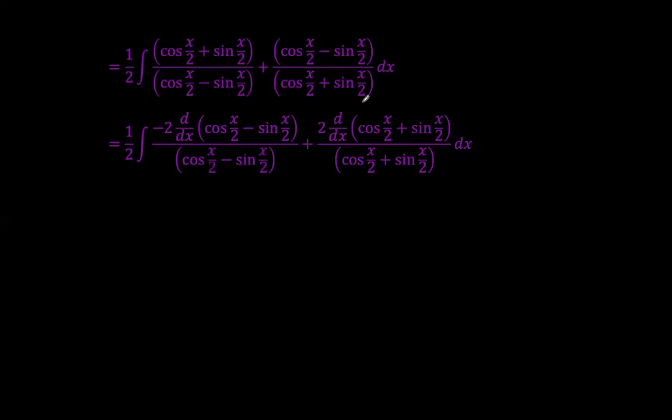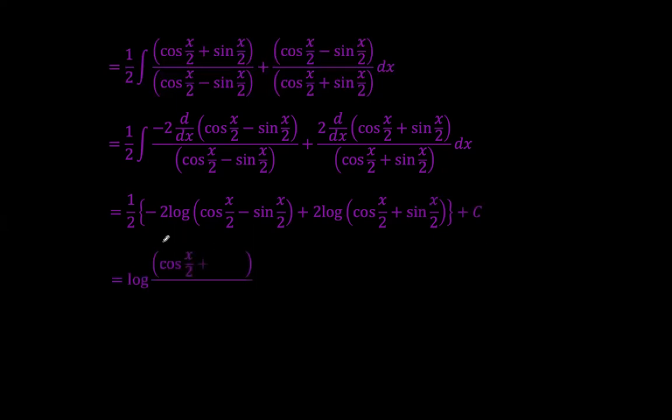So what we see here is that now we can use the natural logarithm. So this is a half, negative 2 natural logarithm of cosine x over 2 minus sine x over 2, plus 2 natural logarithm of cosine x over 2 plus sine x over 2, and then obviously the integration constant.